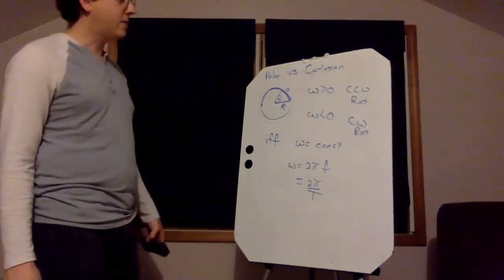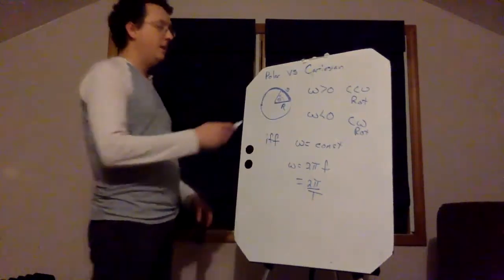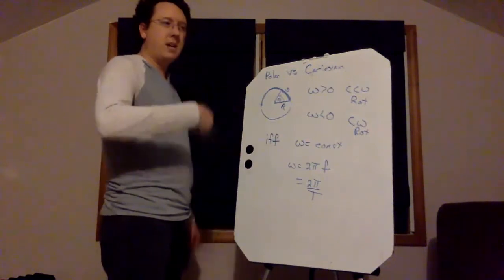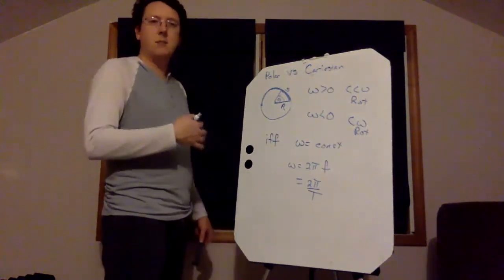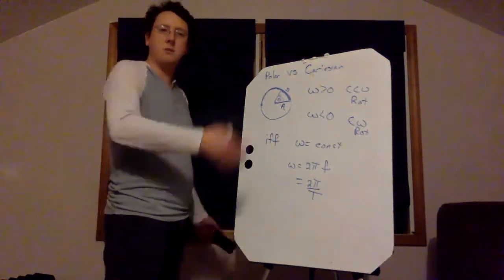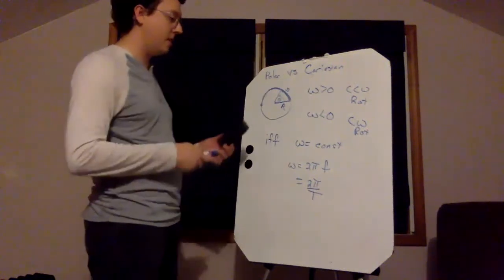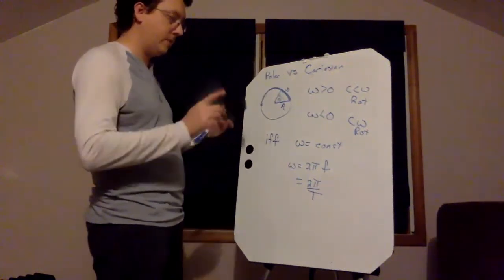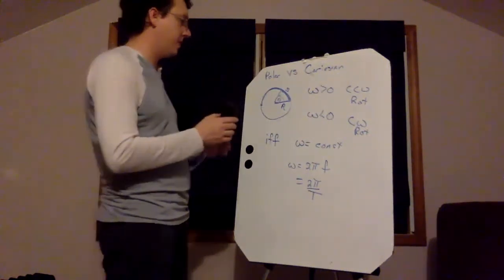Now that's only true if omega is constant. If omega is not constant, then your rotation isn't steady, in which case it doesn't make sense to talk about a frequency or period in the first place. That only makes sense if it's a cyclic pattern where nothing changes after one cycle. All right, so that's a useful thing to know.